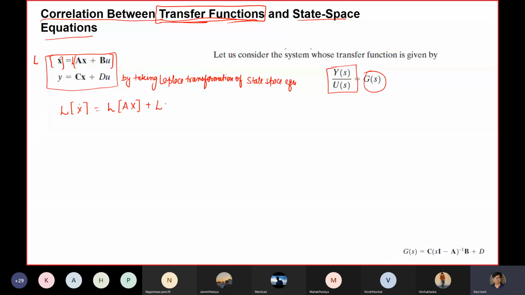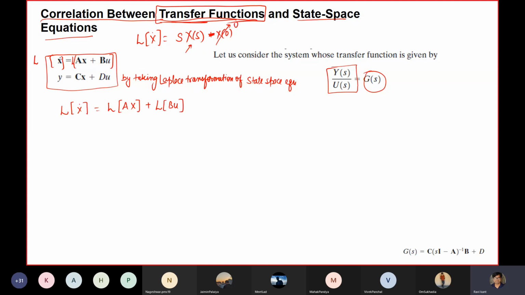The Laplace transform of x dot. So x dot is the differentiation with respect to time. So the Laplace transform of x dot, we have already seen, is written in the form of sX(s), this is the Laplace transformed variable times x, plus x of 0 minus. So also stating that the initial conditions are set to be 0.